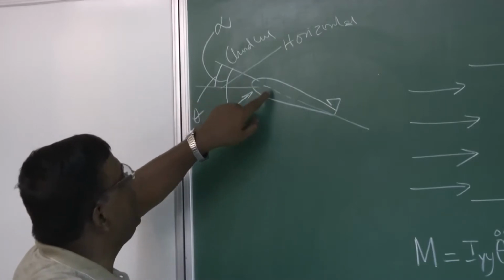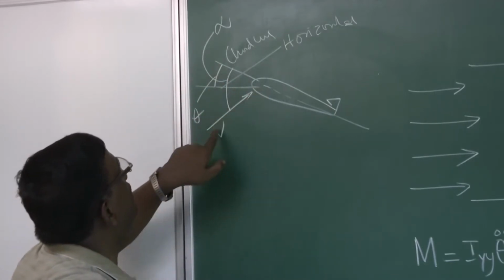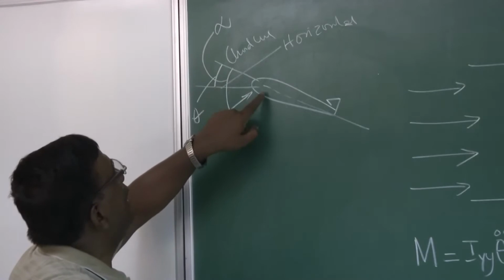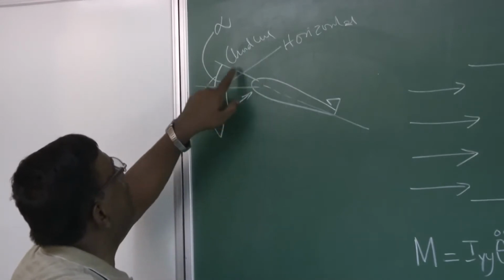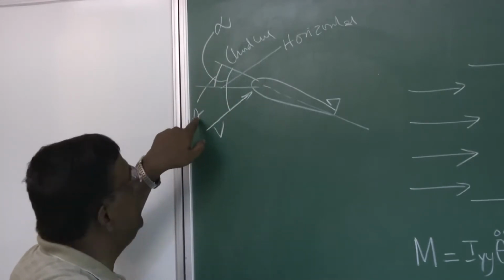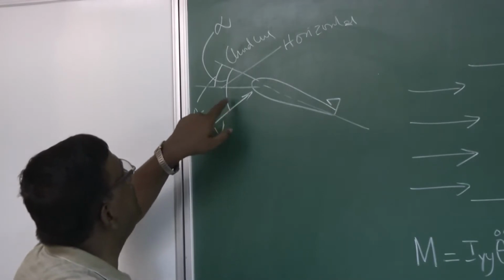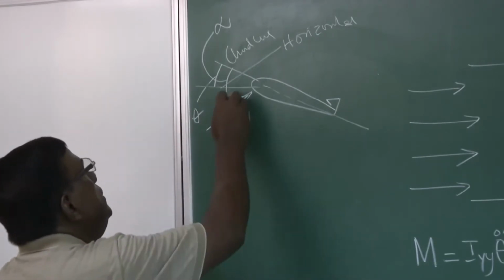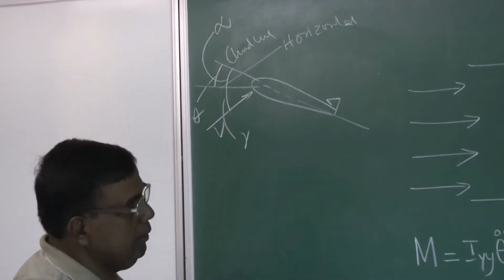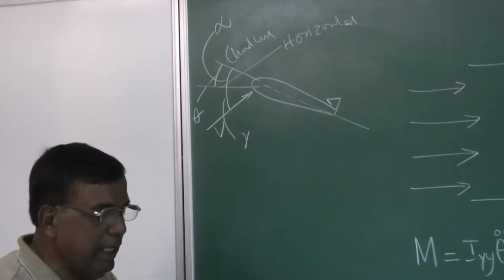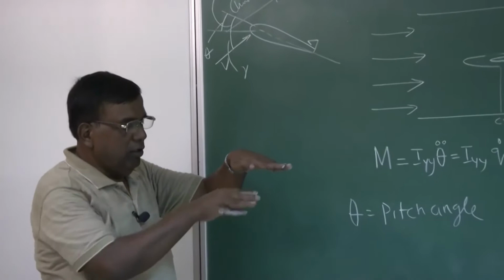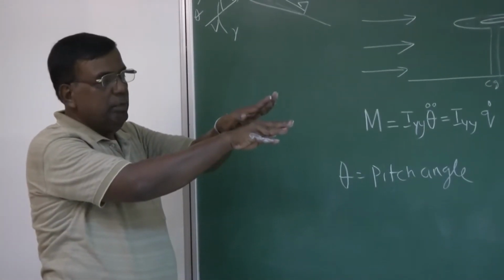Repeat, the angle between chord line and the velocity vector is alpha. The angle between horizontal and the chord line is theta, that is the pitch angle. And the angle between velocity vector and horizontal is gamma, the flight path angle. We are talking about theta, the pitch angle. If this is the airplane and this is the horizontal, this angle is the pitch angle.